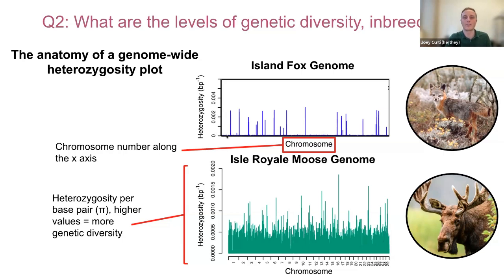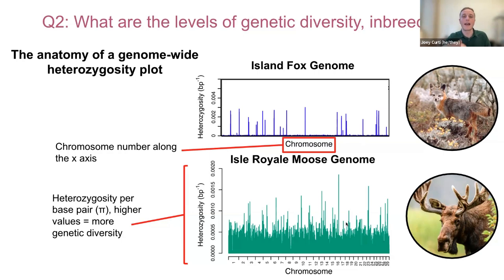We see these long tracks, or long runs, of areas across the genome where individuals have the same exact base pair, or are homozygous for that given location, separated by peaks in diversity. For example, this is the island fox genome, which is a really inbred island population of gray foxes that are actually dwarfed and were almost driven to extinction due to a number of factors, including low genetic diversity.